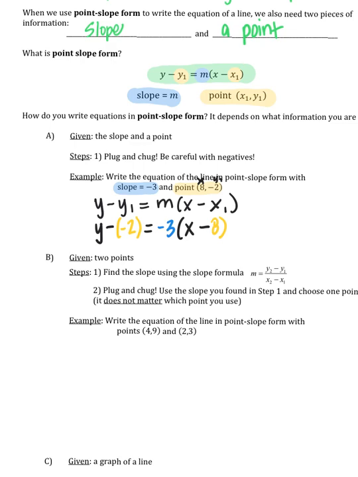Now, we can simplify this simply by rewriting it using y, and we're going to combine a negative times a negative, makes it a positive. So y plus 2 equals -3 times x minus 8.